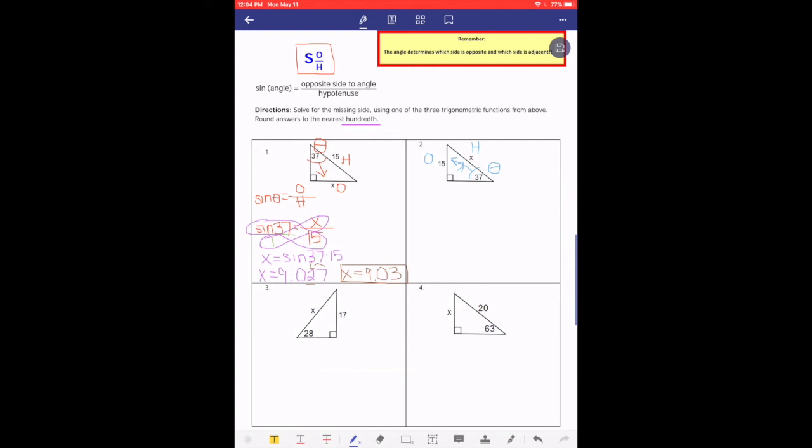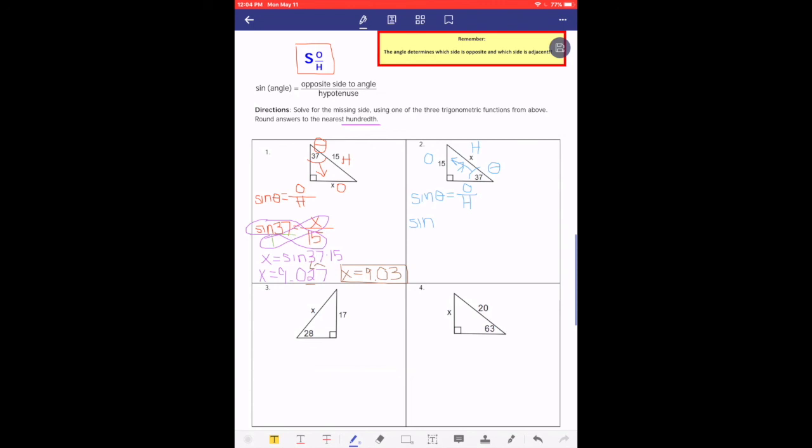Again, I see that I'm using the O and the H, so my opposite and hypotenuse, which means I use the sine function. So the formula is always going to be sine of theta equals opposite over hypotenuse. Setting up, I want to put in all those values from the triangle. So sine, I'm going to fill in my theta, my angle.